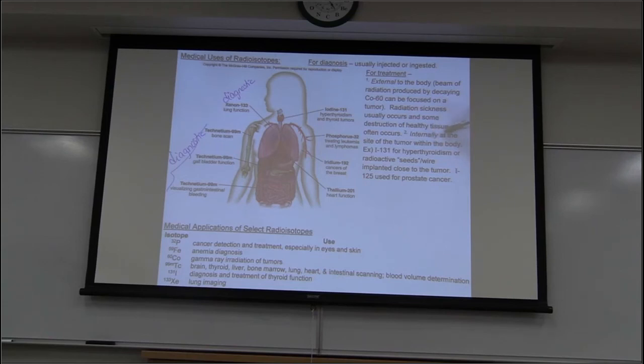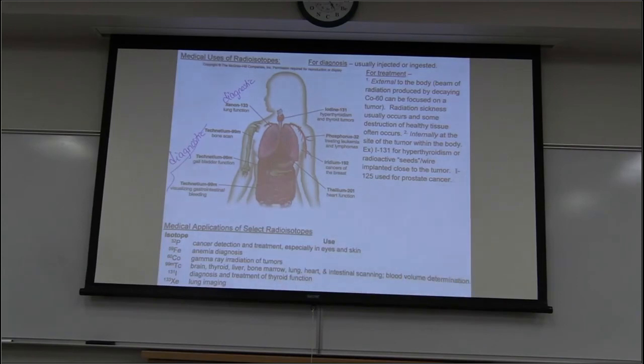And internally, that would be what we were talking about as far as the iodine-131 with the thyroxine. It can also be used in certain cancers. Literally, they take a wire that has been impregnated, or a seed, like think of a BB or something, that has been impregnated with this isotope that's radioactive, and they implant it near the tumor.